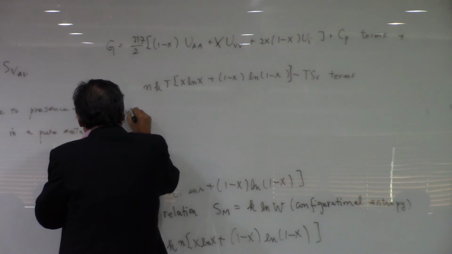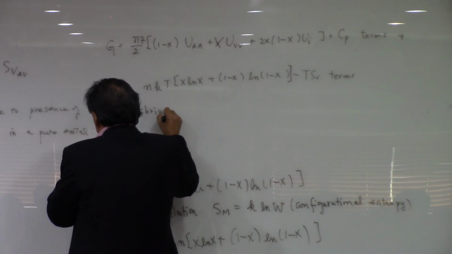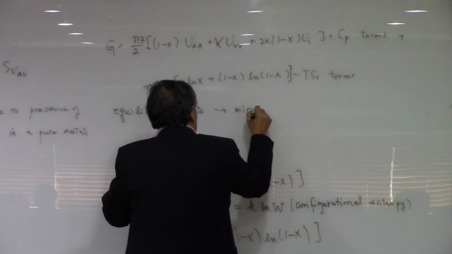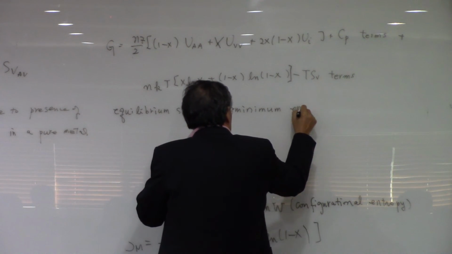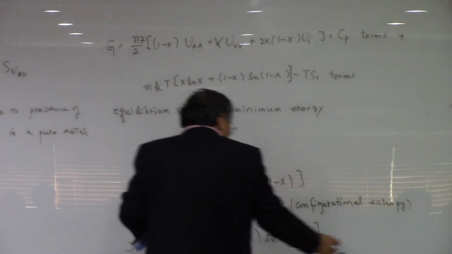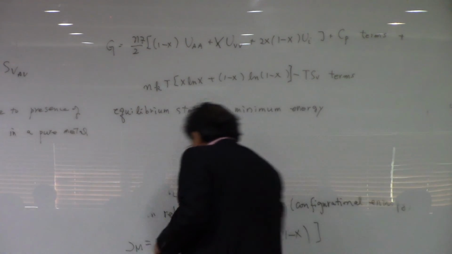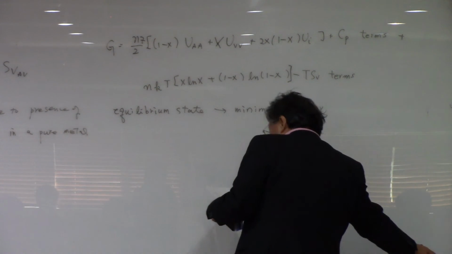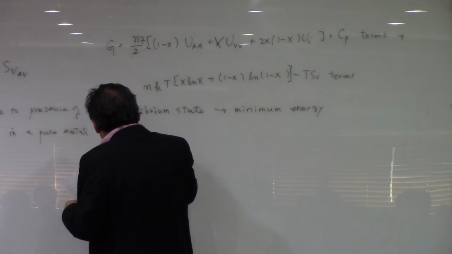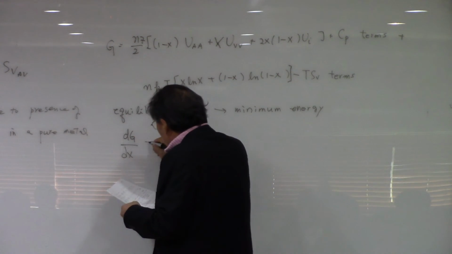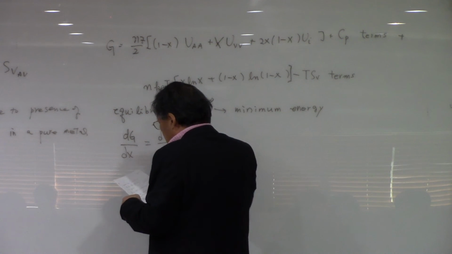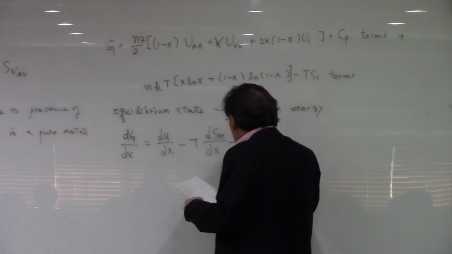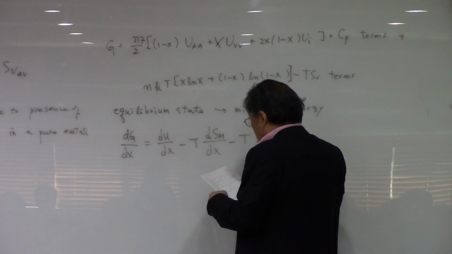Then now define the equilibrium state. Means minimum energy. So we take a derivative of these free energies with respect to x, dG over dx, and then dU over dx minus T dSm over dx minus T dS free over dx.